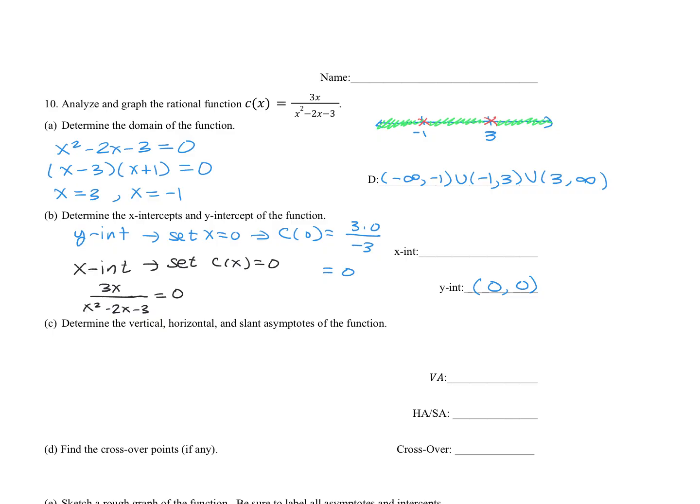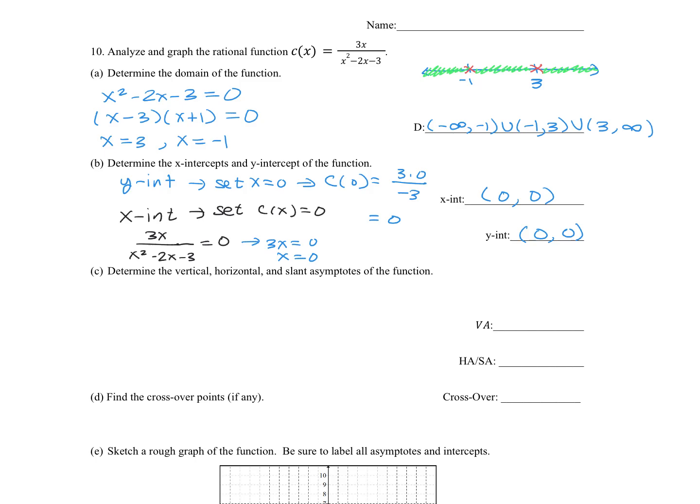Again, I could multiply by the LCD and get rid of it, but in any case, it's going to be when 3x is 0, which makes x equal to 0. So the x-intercept is the same as the y-intercept. It is the point 0, 0. That will happen sometimes. All right, now let's move on to our asymptotes.